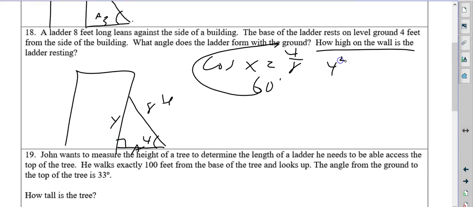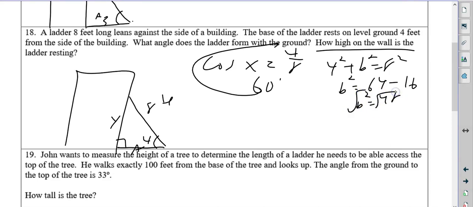So 4 squared plus b squared equals 8 squared. So b squared is equal to 8 squared, which is 64, minus 4 squared, which is 16. So b squared equals 48. So we square root both of those. And the answer to this question is about 6.93 feet.